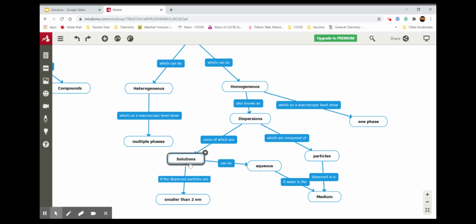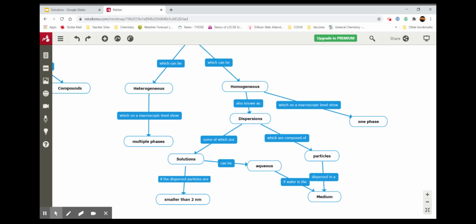Solutions are a specific type of dispersion in which the dispersed particles are very small. They're much smaller than 2 nanometers. And so these are particles which are atoms, ions, or small molecules. So we're talking about very, very small dispersed particles, things that we've been talking about in chemistry so far this year.